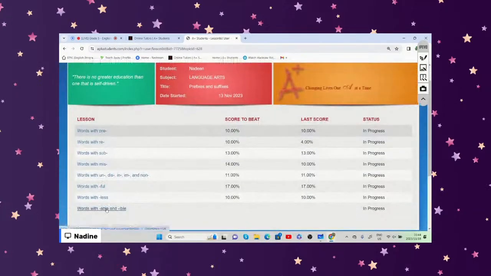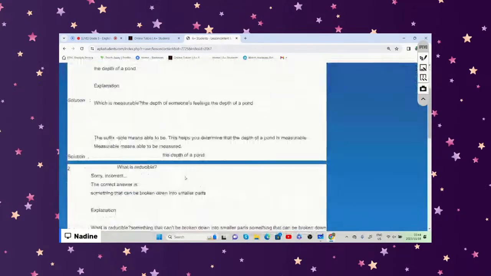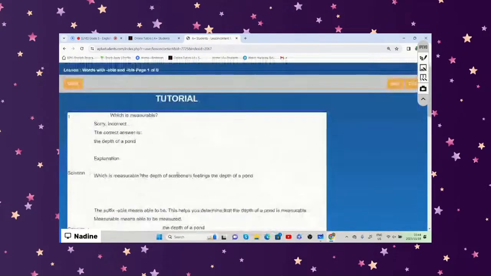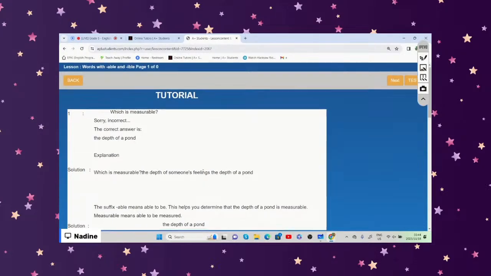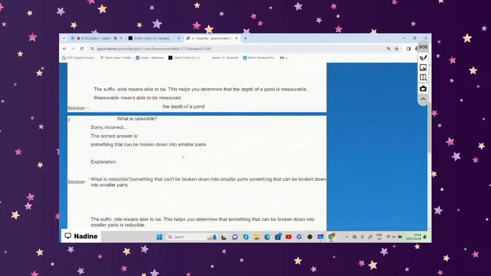All right, let's do the last one quick. So the suffix able, or ible, right? And the meaning of able or ible means able to be, right? So able to be is the meaning of the word able or ible, right? So what is reducible?